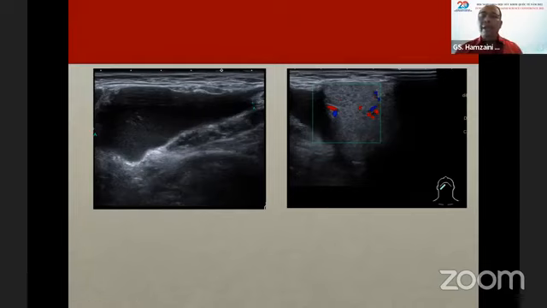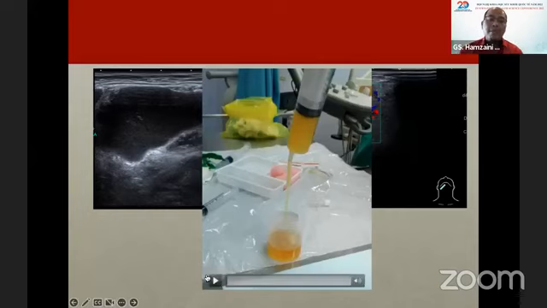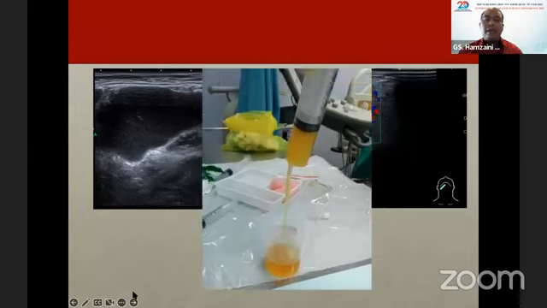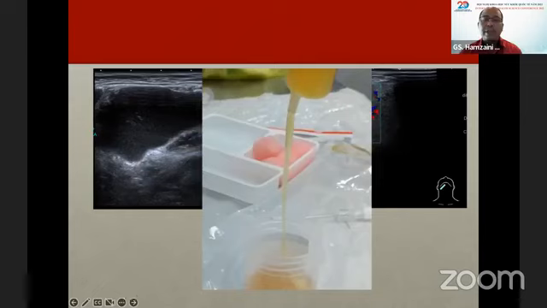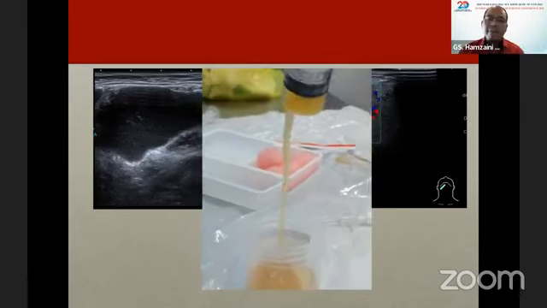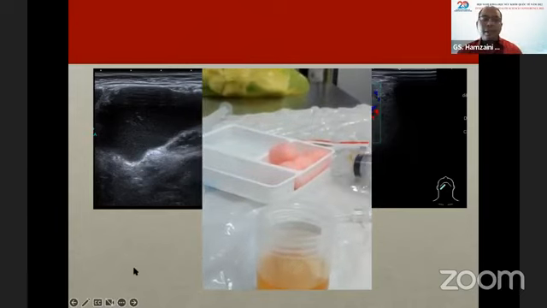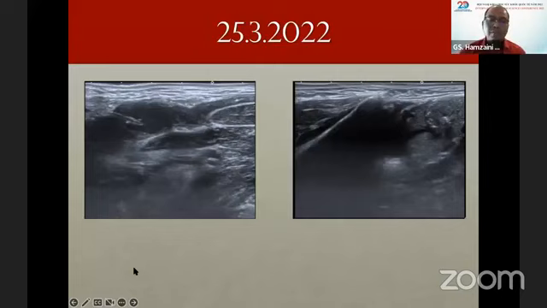I'm not sure, but our fistulogram does not show any communication with the submandibular gland. And the consistency of the liquid is not like a lymphatic malformation. It's very, very thick.